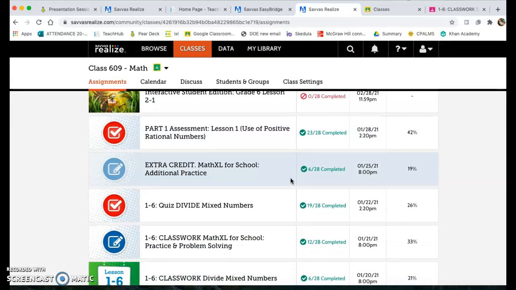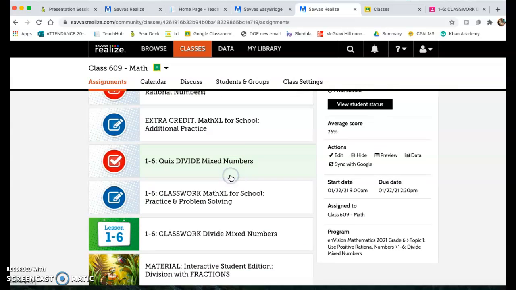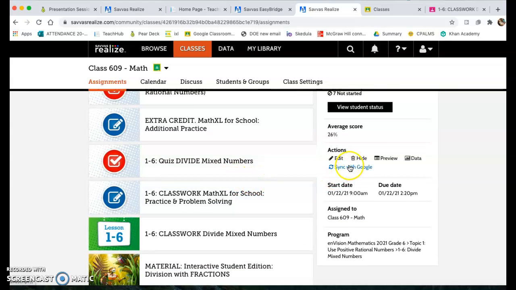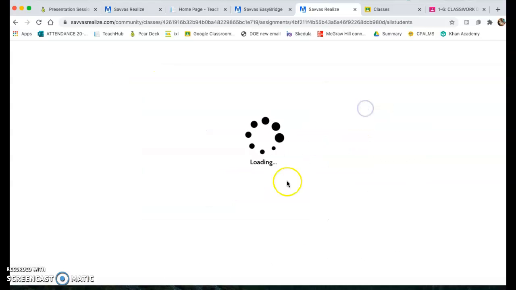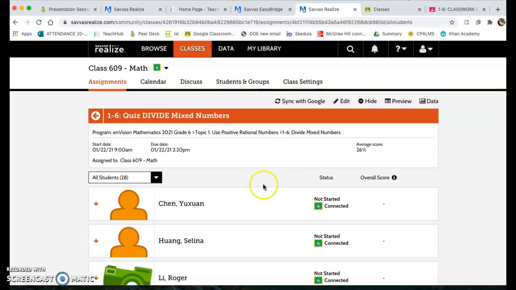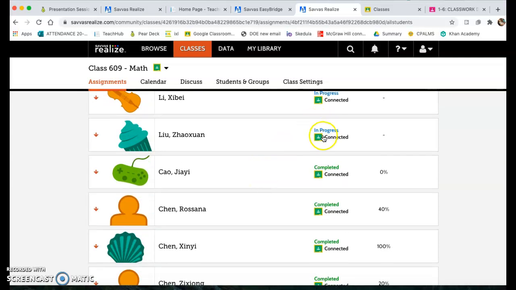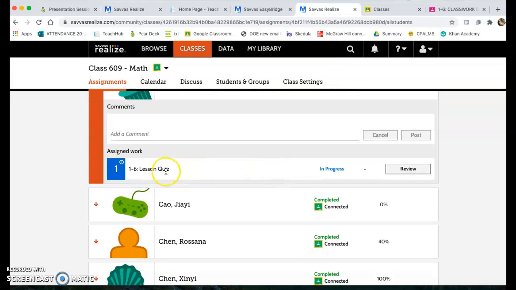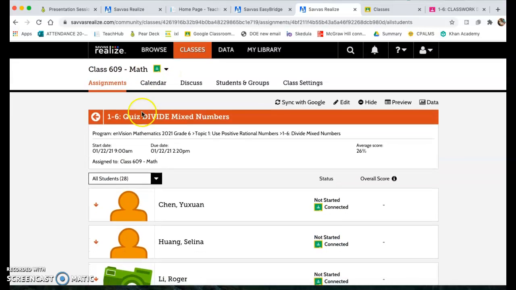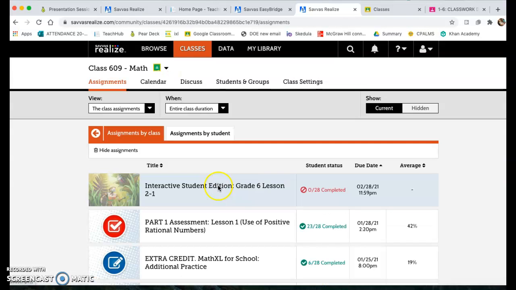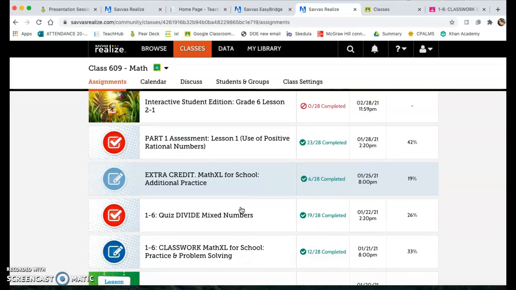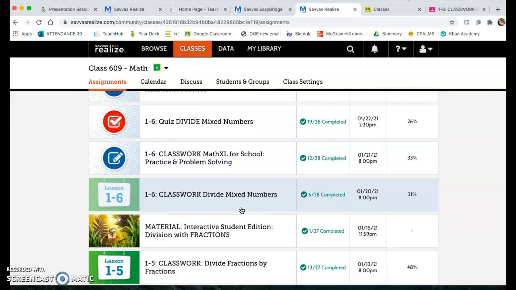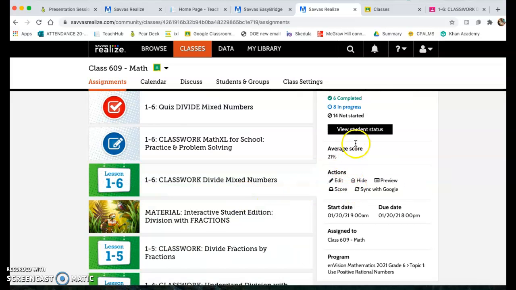And here, divide mixed number, and if you look inside views and status, let's say the one with the brackets, there's only one. But if there are assignments that are more than one, I group them together. Let's say classwork Excel, classwork divide mixed number.